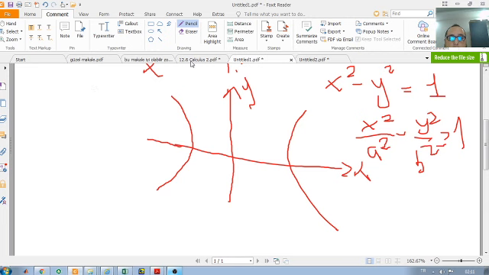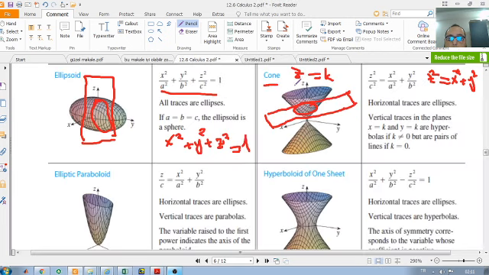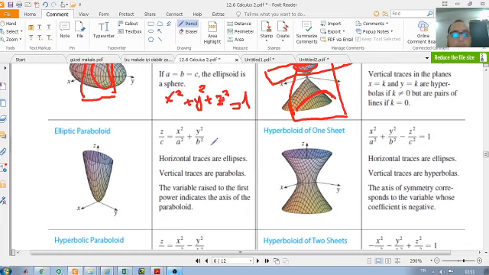If you intersect the cone vertically like this, you will obtain a hyperbola. Okay, like this. So these are the intersections of the graph of the cone with a vertical plane.